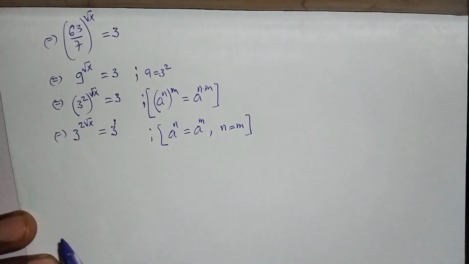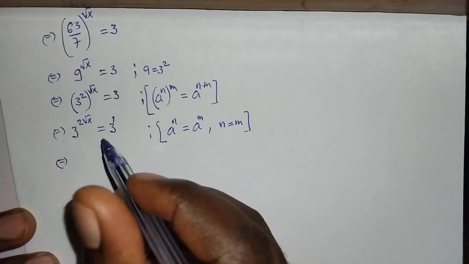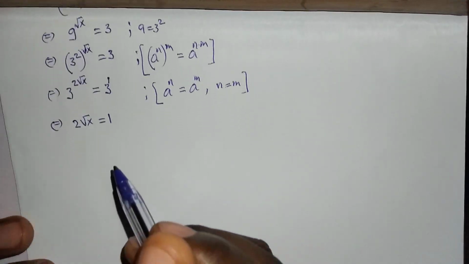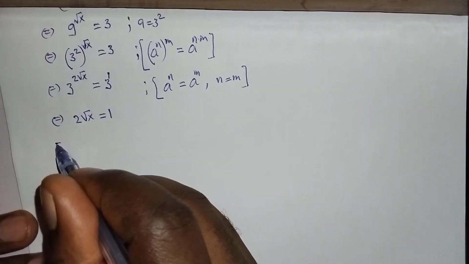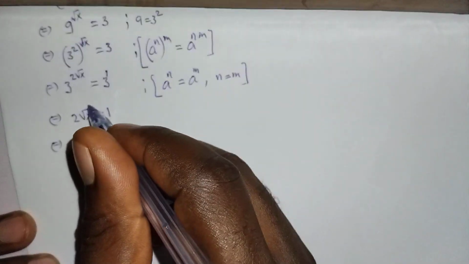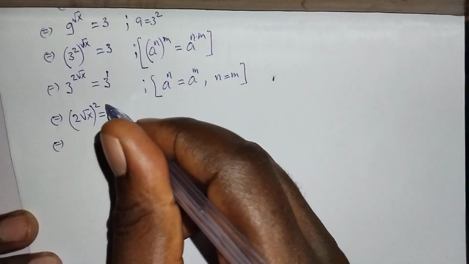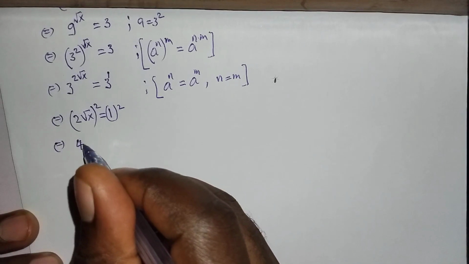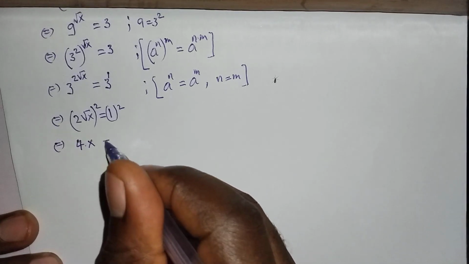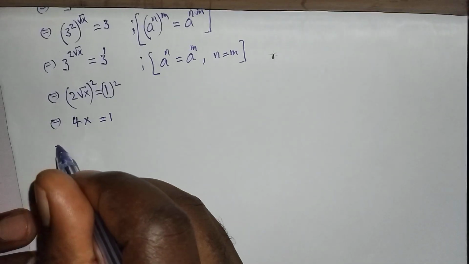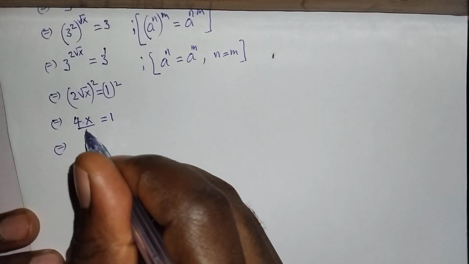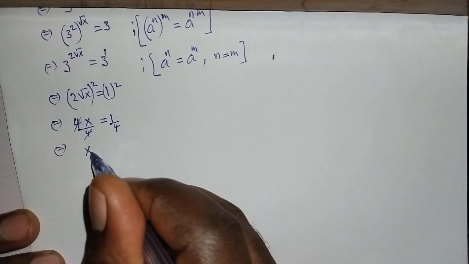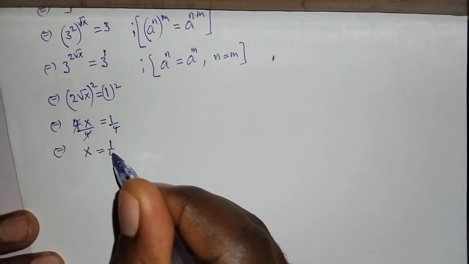So here we have power 1. This means 2√x is equal to 1. We square both sides. We have 4 times x is equal to 1. So dividing both sides by 4, x is equal to 1 over 4.